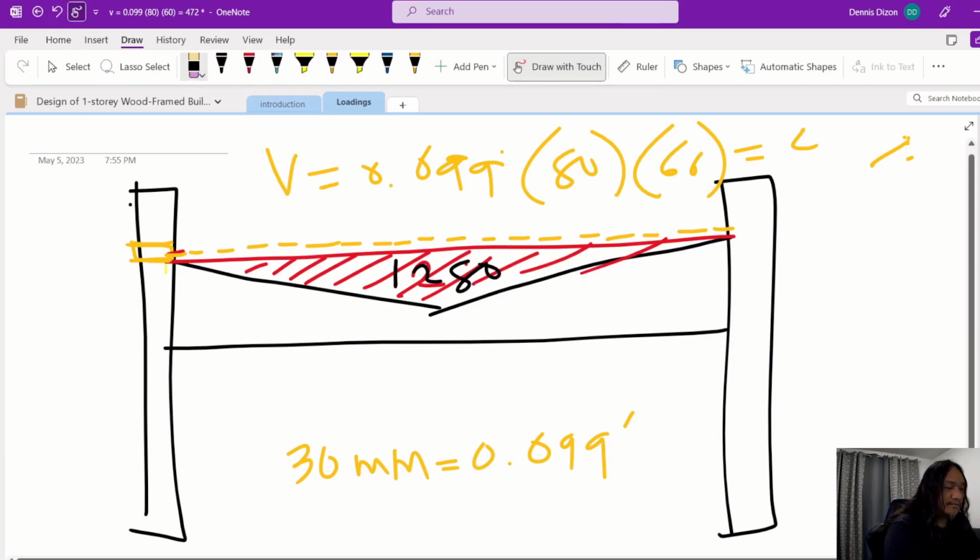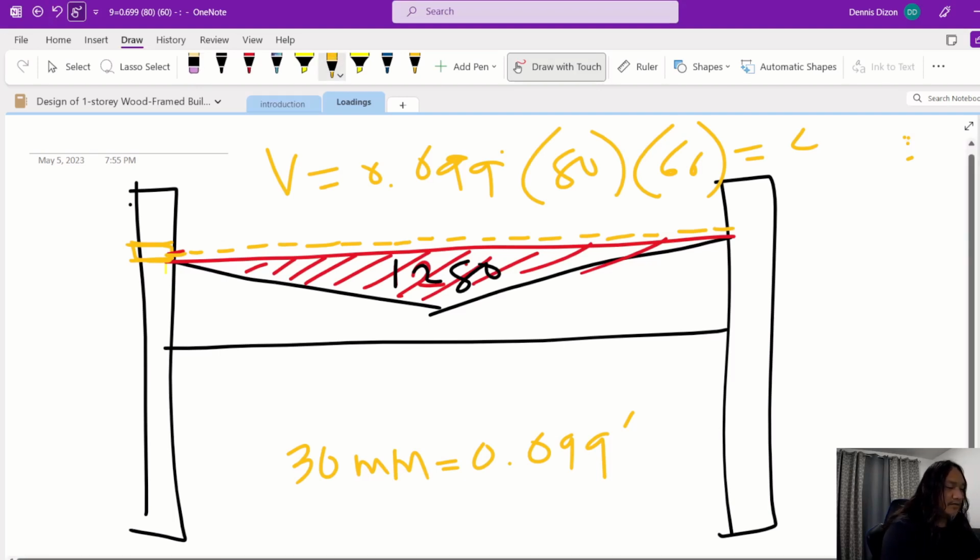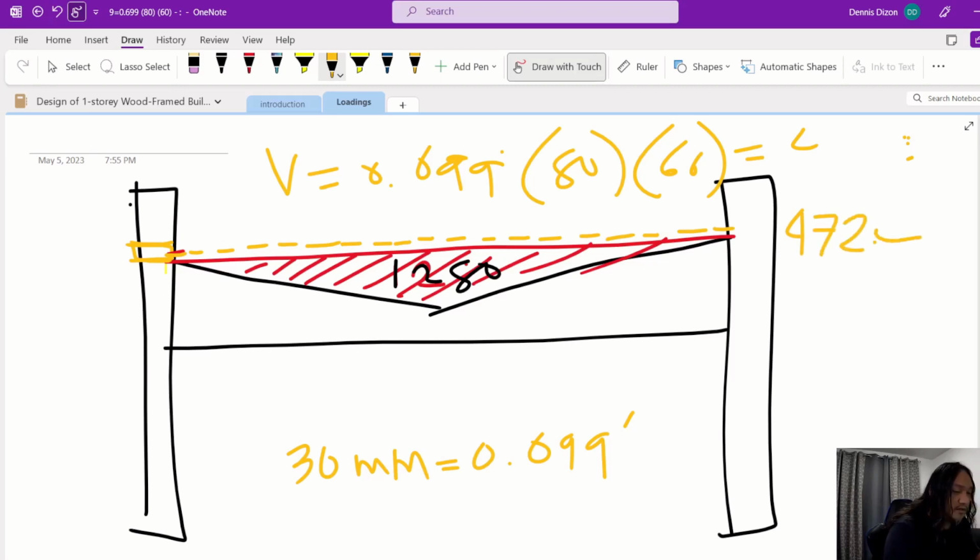So volume is 472.44 cubic feet. Now you will add this one to the 1,280 cubic feet.